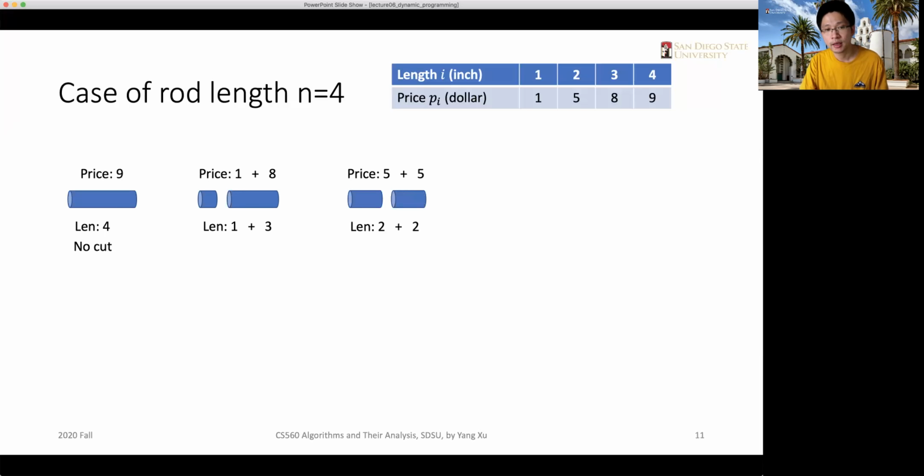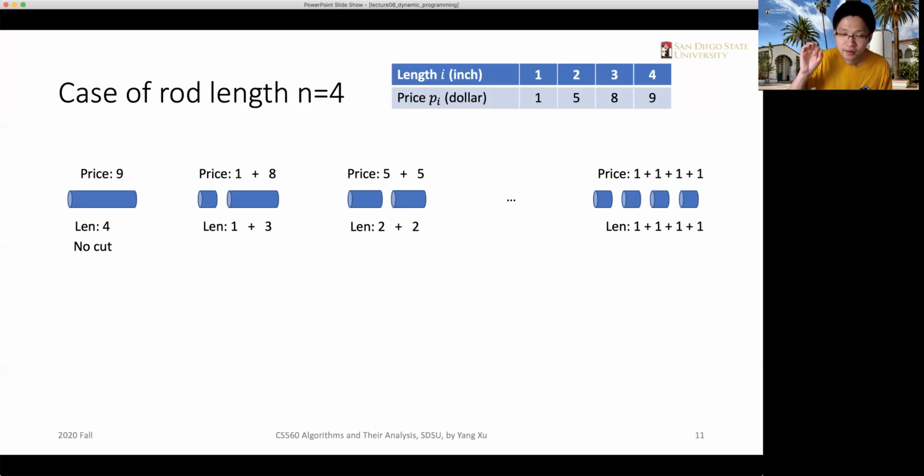Okay, and the third way is to cut it into 2-inch plus 2-inch. And the price is $5 plus $5, which is $10. Okay. Or we can cut it into 1 plus 1 plus 1 plus 1, which gives us $4.